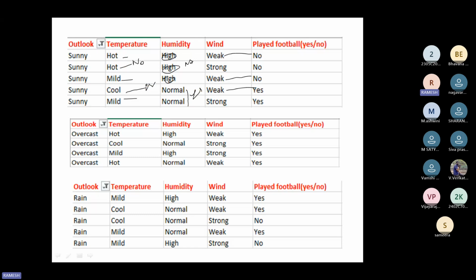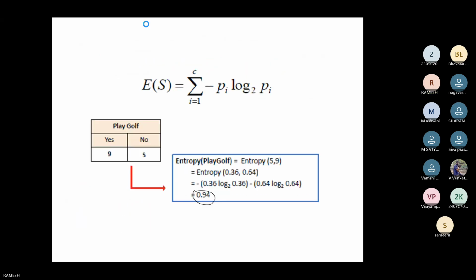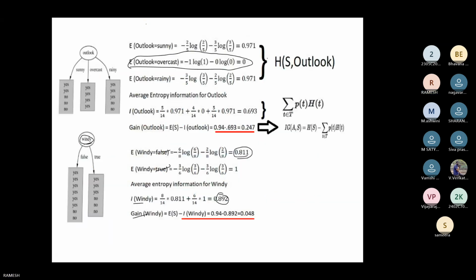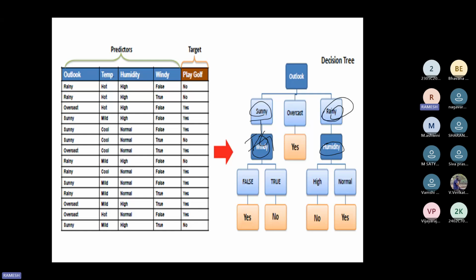So out of wind, humidity and temperature, the entropy is very high. Now, when rainy is taken, what output should we select?